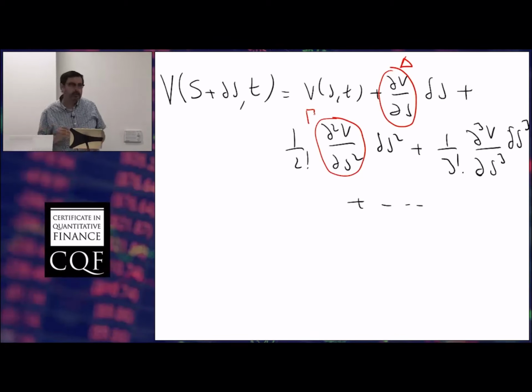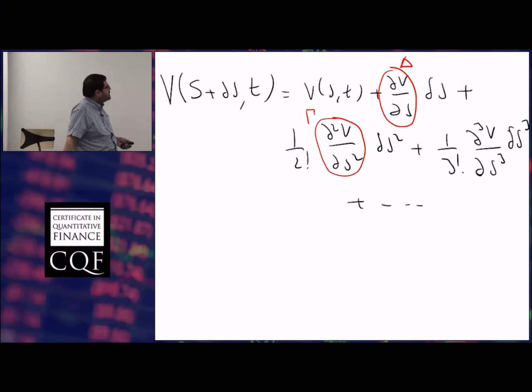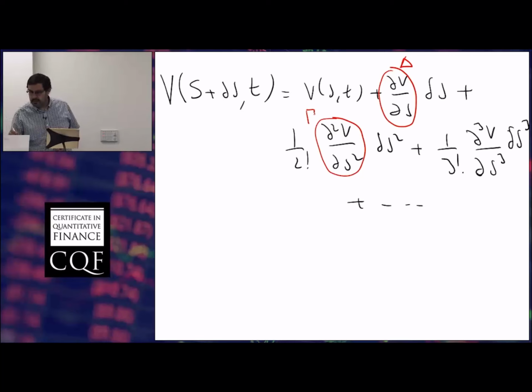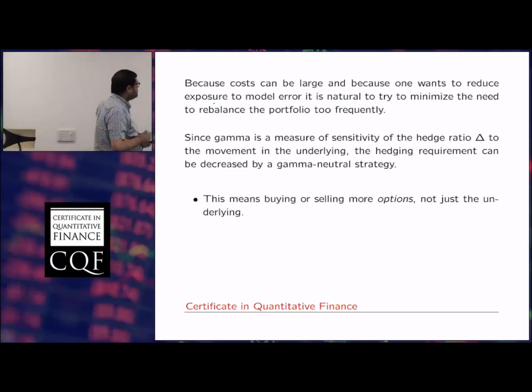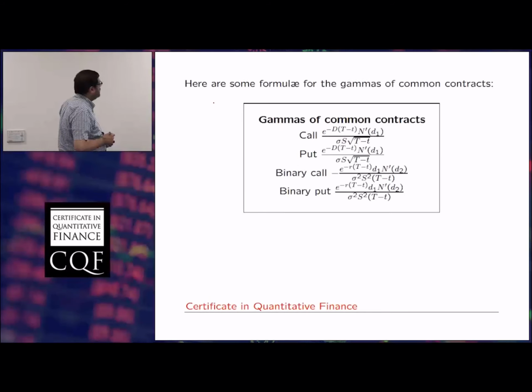So you'll see a lot more of this, not only in Espen's lecture, but also when you do the advanced volatility stuff, and you look at volatility arbitrage. Right, so that's coming up. So again, some common gammas.